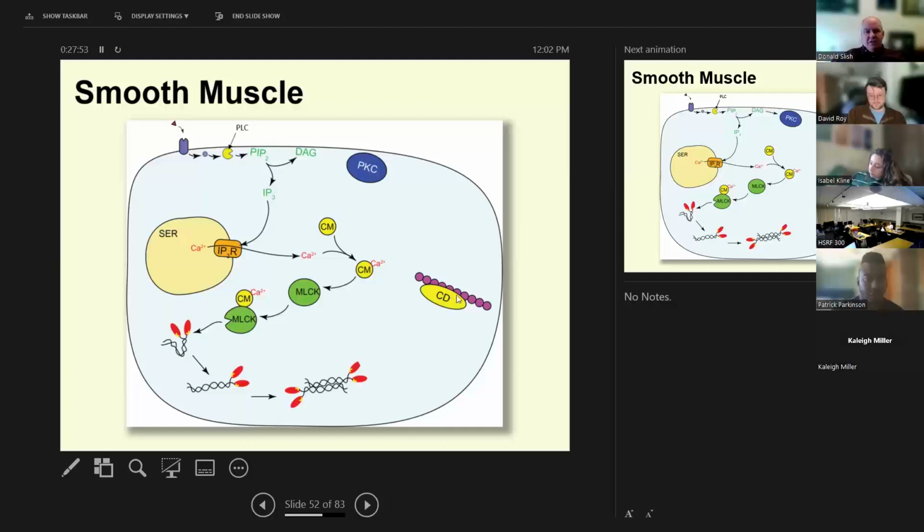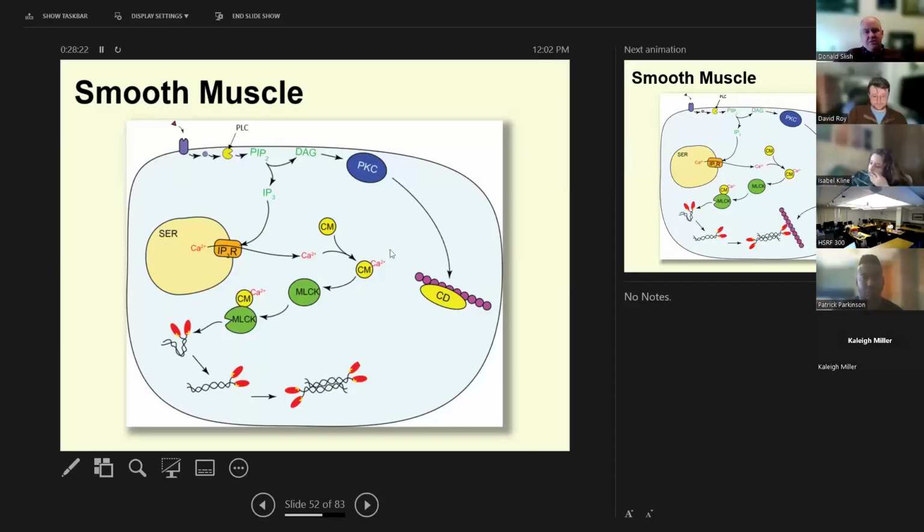On the other end, here's your thin filament over here. You've got another protein here called caldesmon. So caldesmon is kind of playing the role of tropomyosin in skeletal and cardiac. It's blocking the myosin binding sites on the thin filaments. And there's two ways to get that off. One is by phosphorylation by another kinase, protein kinase C, that will pull it off.